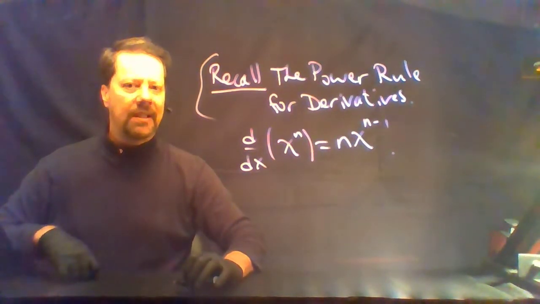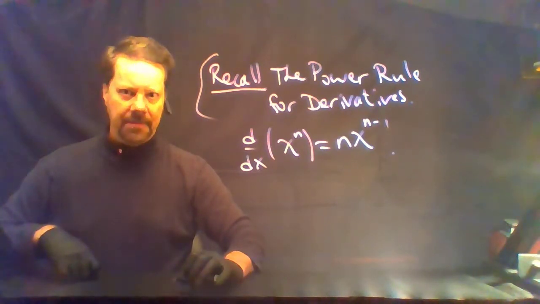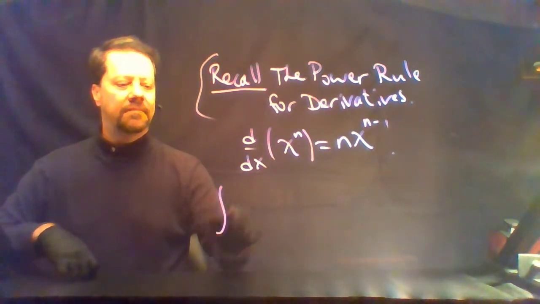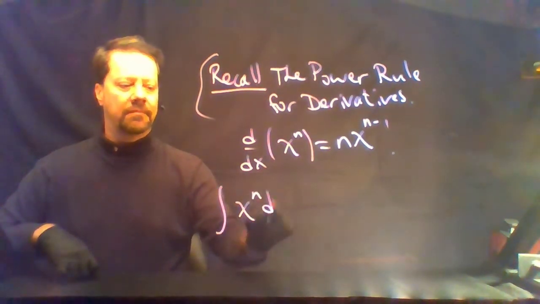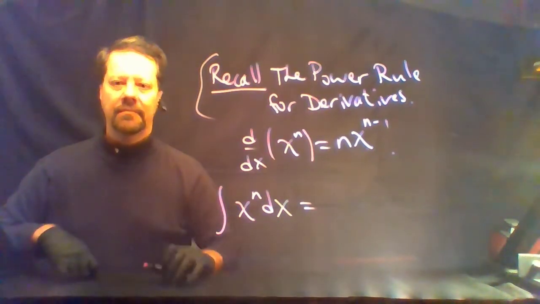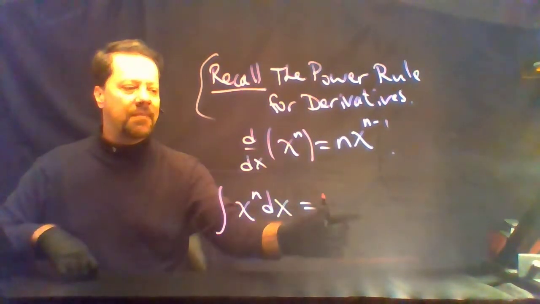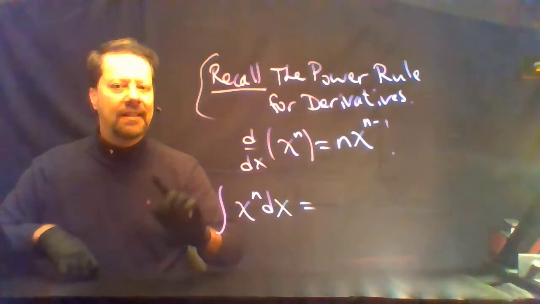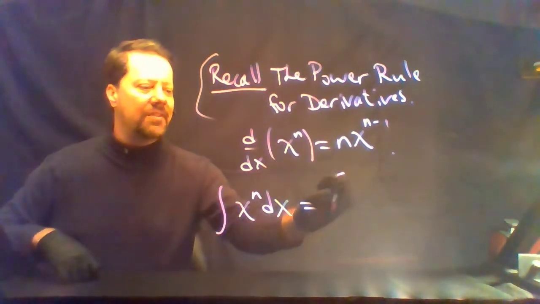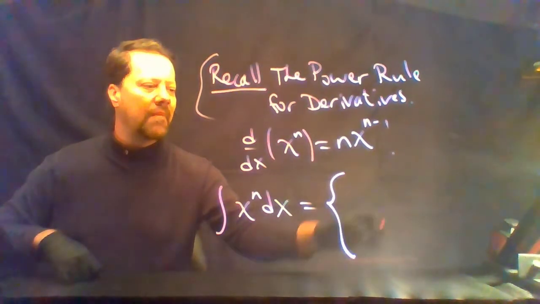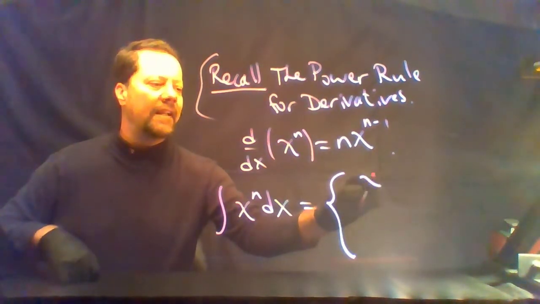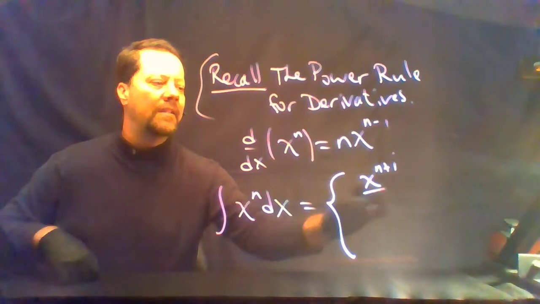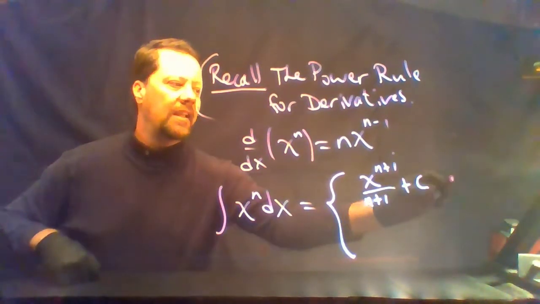How does that work out for integrals? In this case, you have to have something with derivative equal to x to the n. And it really depends. There's two cases to consider. You do in fact get x to the n plus 1 divided by n plus 1 plus c if n is not -1.